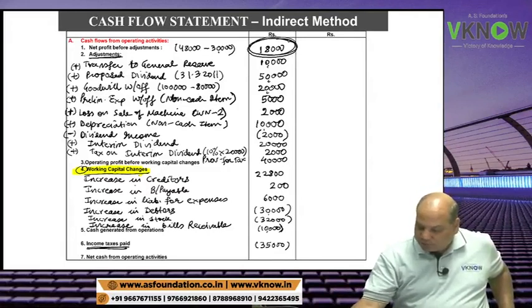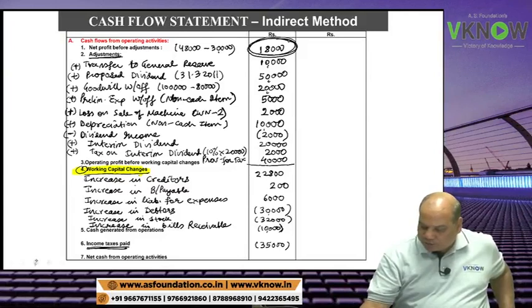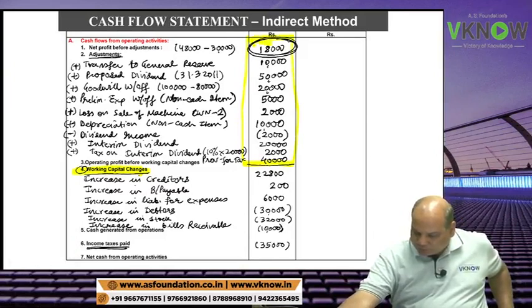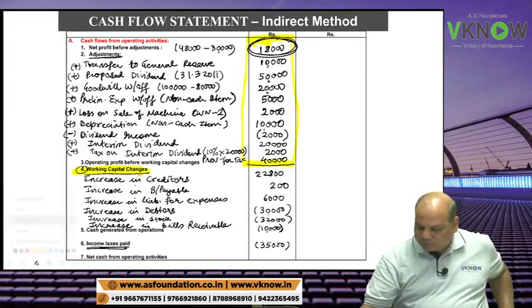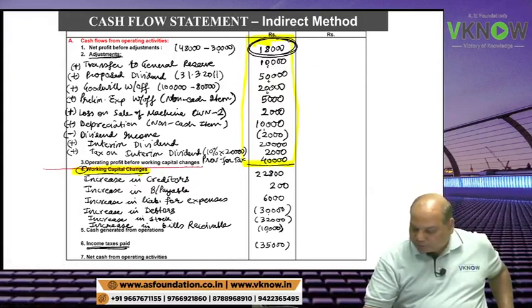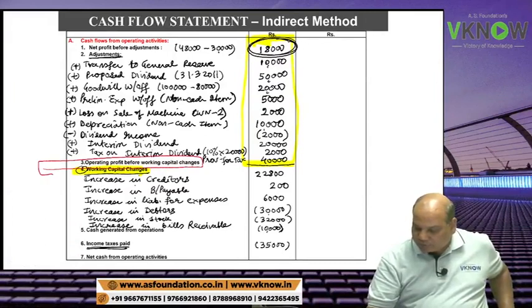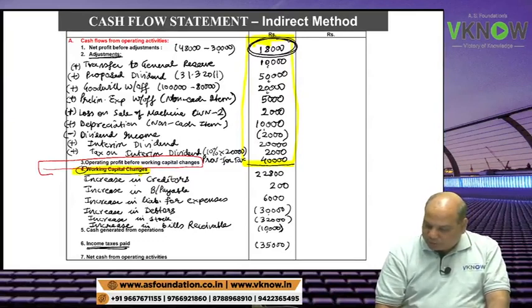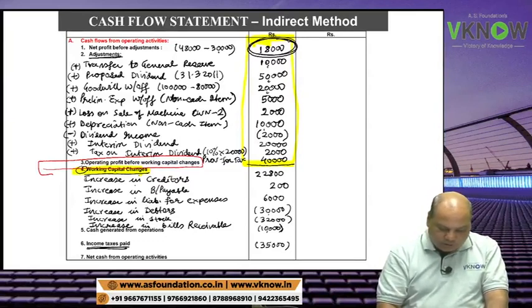Please tell me the total here from 18,000 till provision for taxation. What is the total? That we will call operating profit before working capital changes.